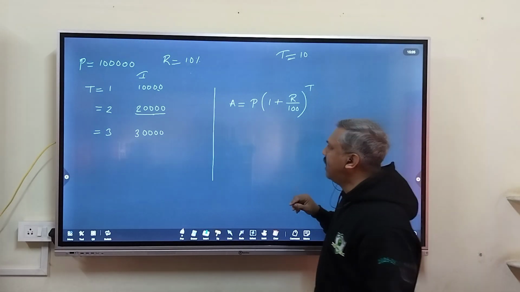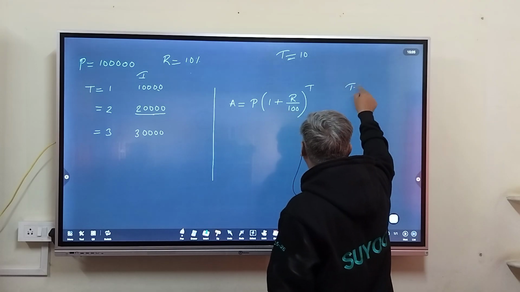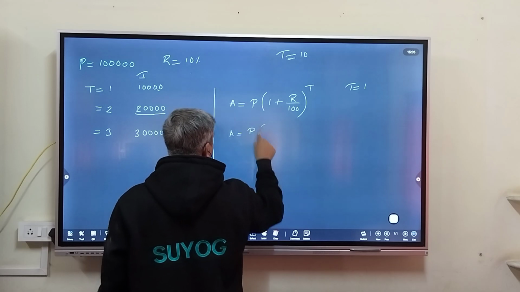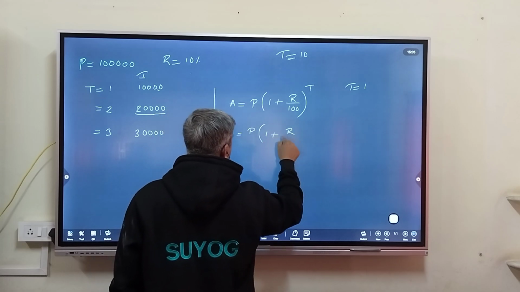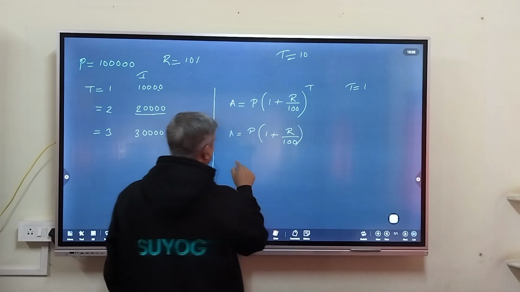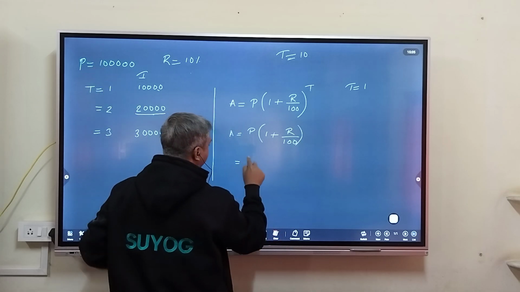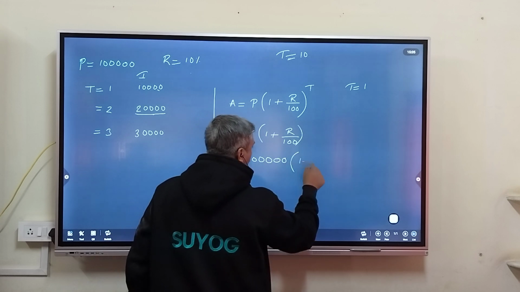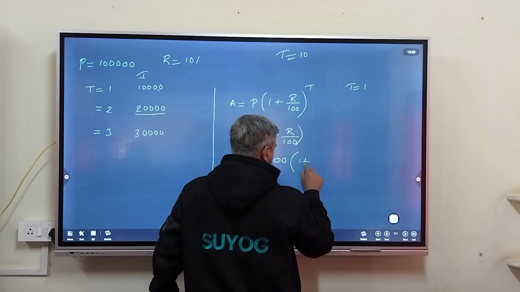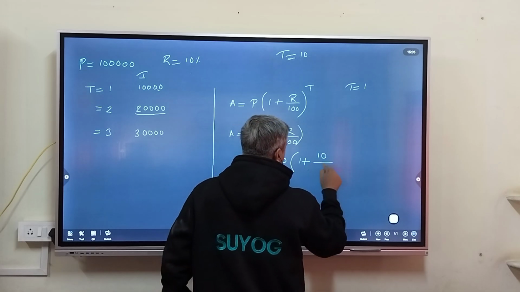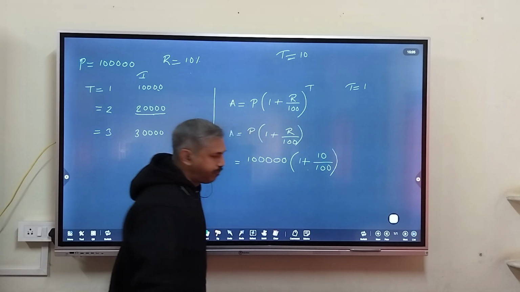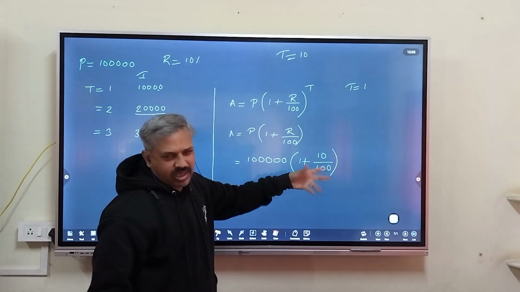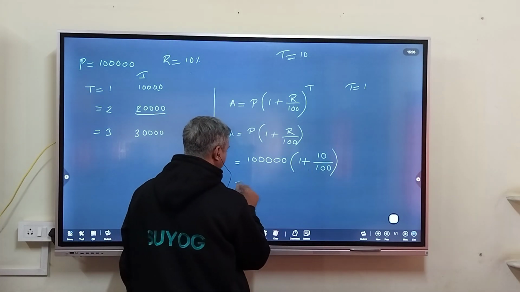If I take the value of T is equal to 1, the formula becomes A is equal to P into bracket 1 plus R by 100, which is equal to, in this case, the principal amount was 1 lakh, into 1 plus 10 by 100. 10 by 100 is 0.1. 1 plus 0.1 is 1.1.